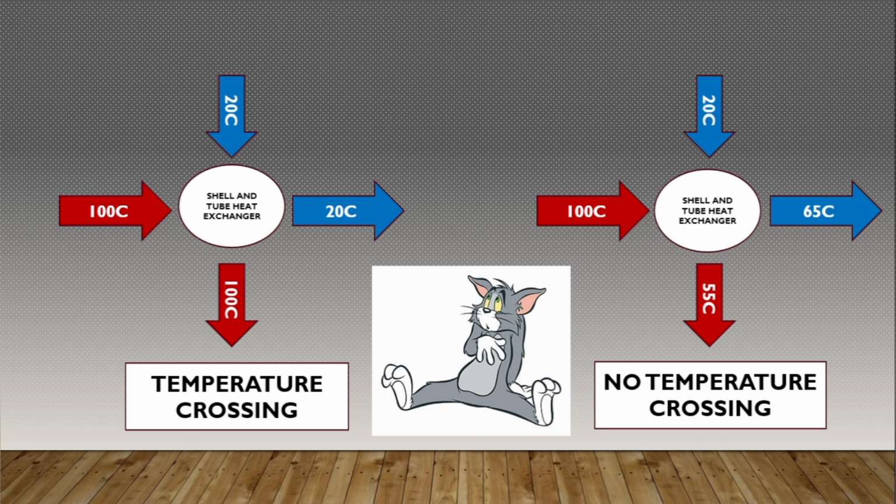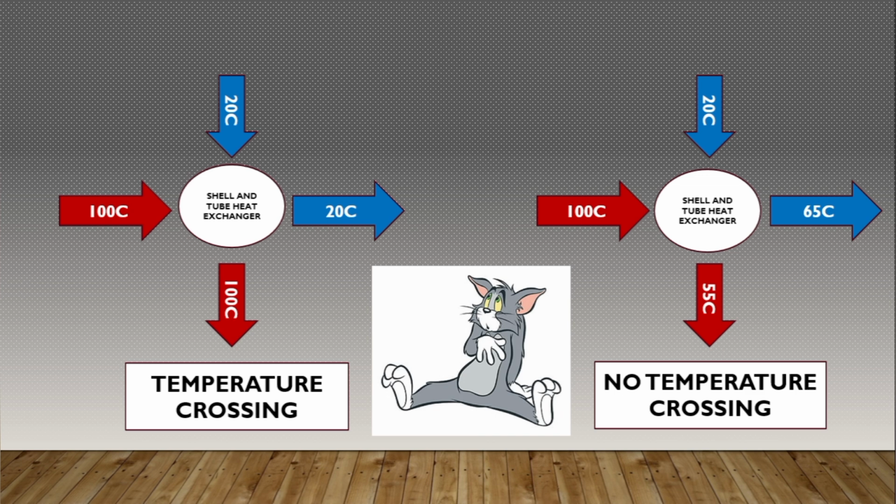For the no temperature crossing scenario, we have an inlet temperature for a hot stream of 100 Celsius, and it comes out at a temperature of 65 Celsius. It's colder. It has a change in temperature of negative 35 Celsius. And then the cold inlet comes out at an outlet temperature of 55 Celsius, again a change in temperature of positive 35 Celsius.